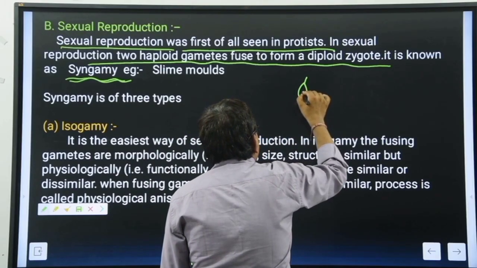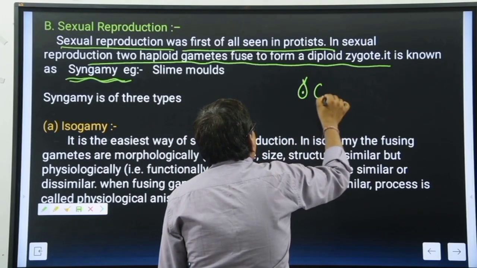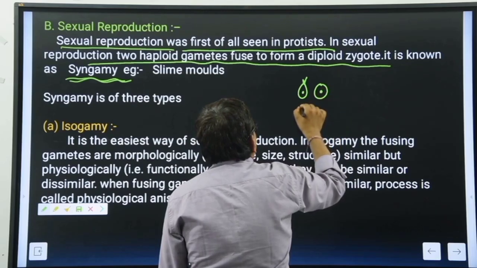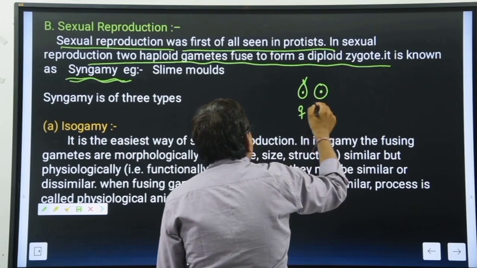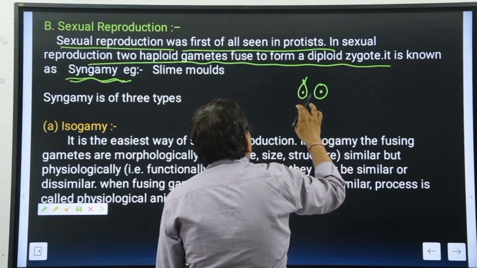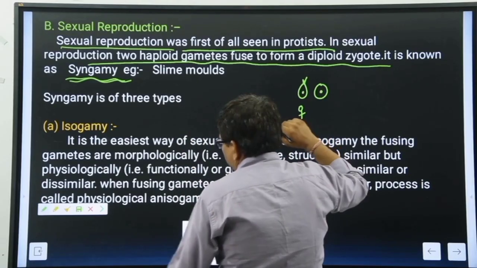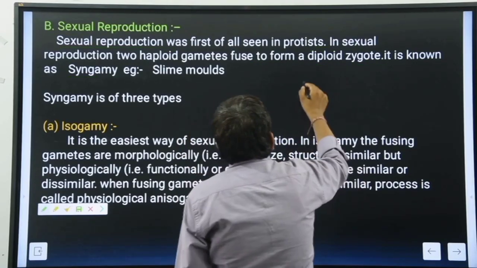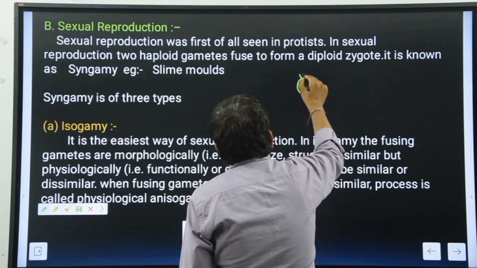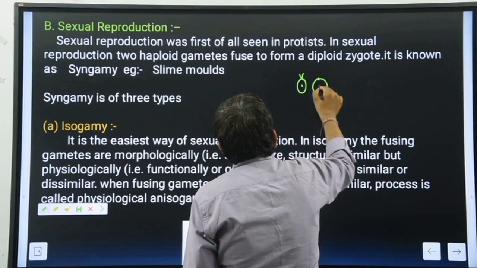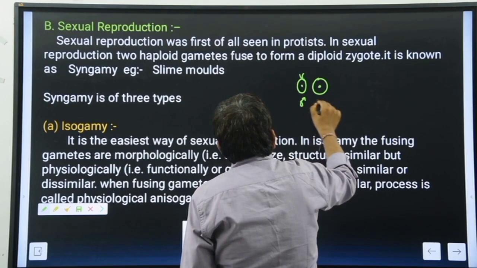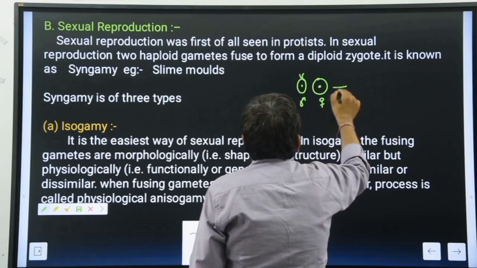They may be like this, and here gametes, and these two gametes are formed. One is known as the male, one is known as the female. Clear? Here male and female both are present. It is a male and a female, and then make a zygote.